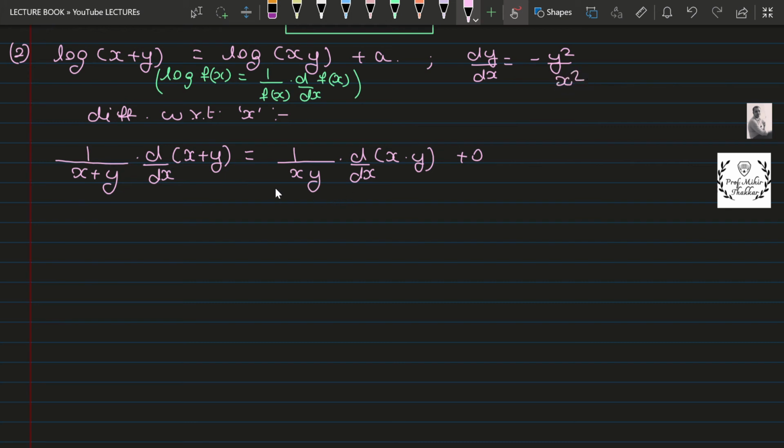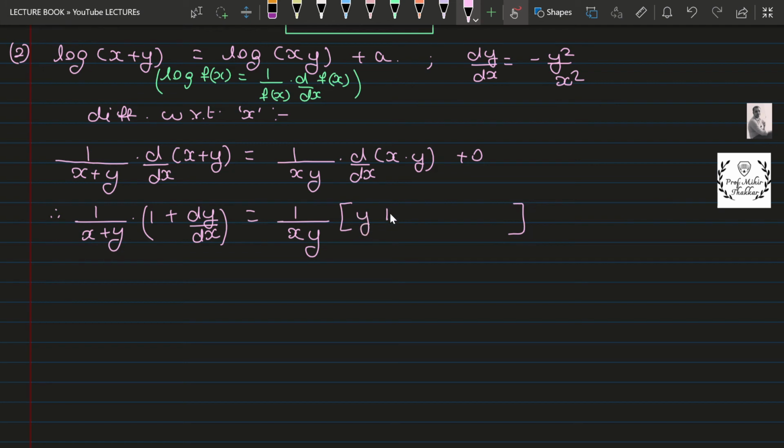So here 1 upon x plus y, derivative of x is 1 and derivative of y is dy by dx. This 1 by xy remains as it is, and here we will apply the multiplication rule.